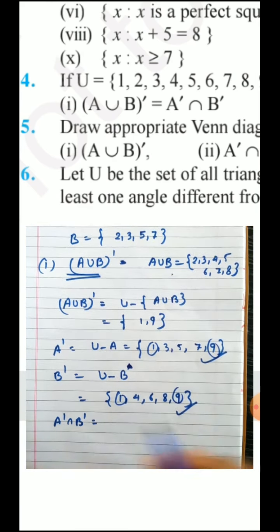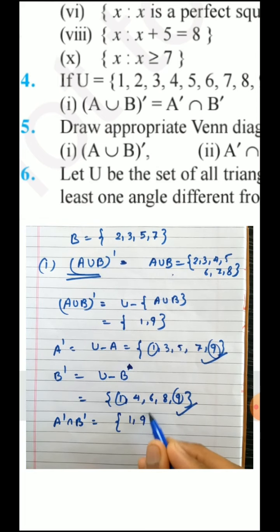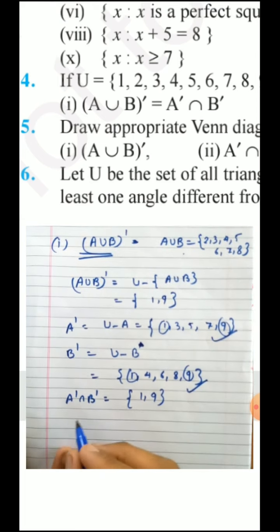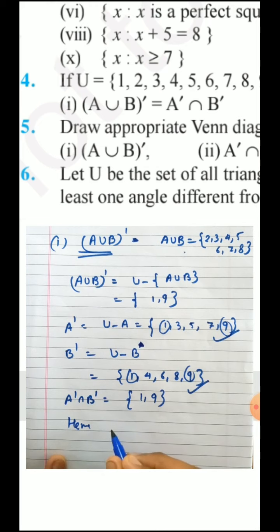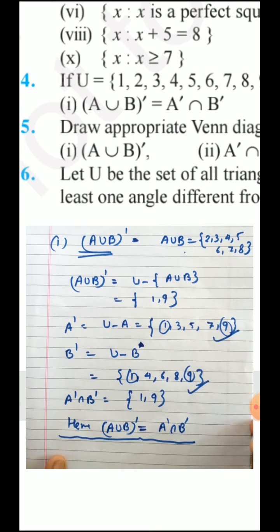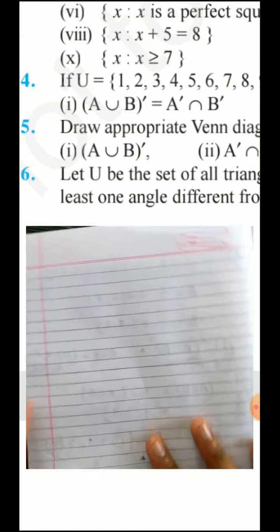Only 1 and 9 are common. So {1, 9}. Hence you can write (A union B)' equals A' intersection B', which is the required solution. Right? Okay.